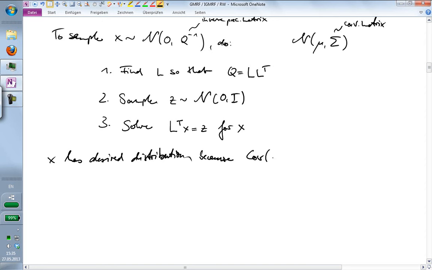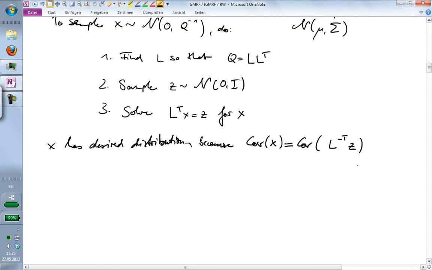So the covariance of X, the way we find X is going to be given by L transpose to the -1, which I'm writing here as L to the minus T times Z. Now I'm exploiting that the covariance of any matrix A times Z can be written as A times the covariance of Z times A transpose.